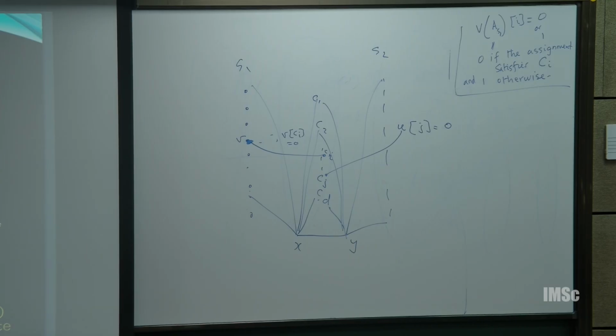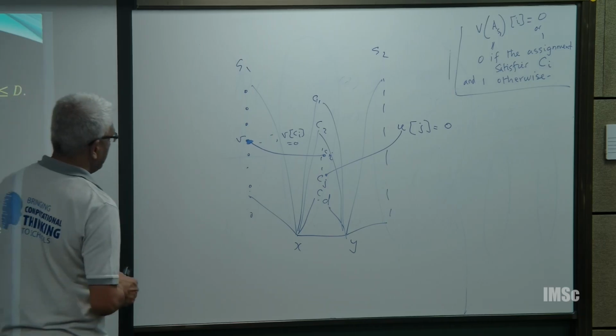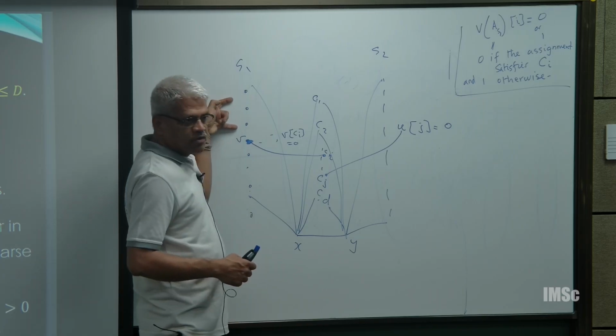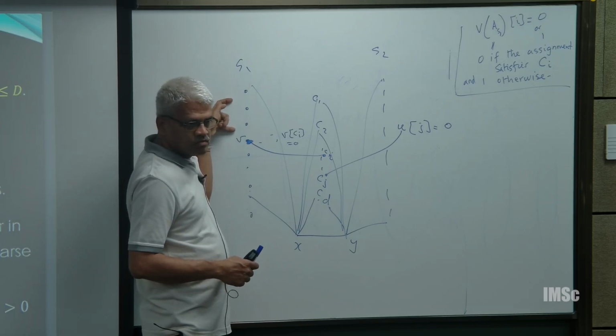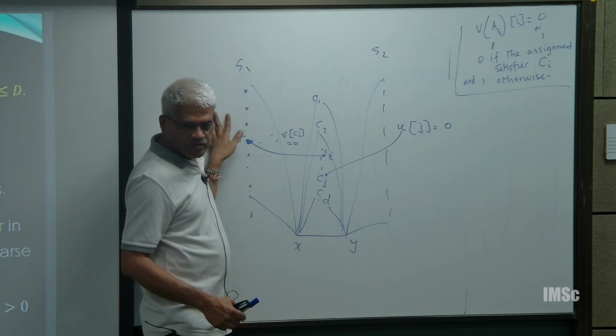Now, remember I am trying to reduce to the diameter problem. Let us look at the maximum distance between any pair of vertices. If you take a pair of vertices here, what is the distance? 2, because through x there is a distance of 2.